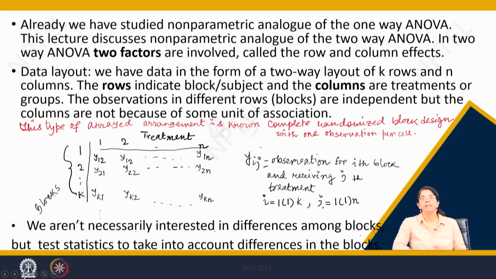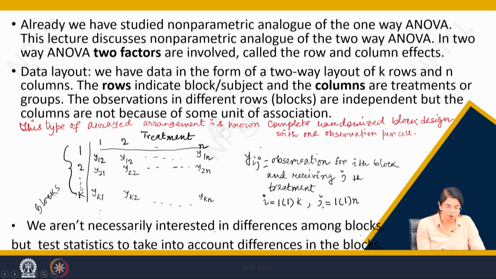So, the first entry will be Y11, then Y12, then Y1n. The first suffix indicates the block, while the second suffix indicates the treatment of the observation. So Yij means the observation for the ith block receiving the jth treatment.